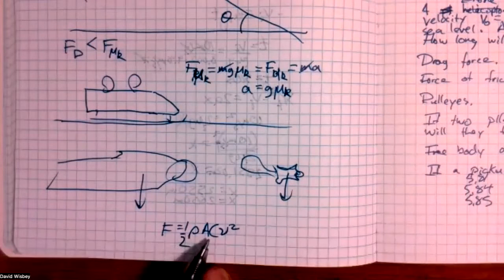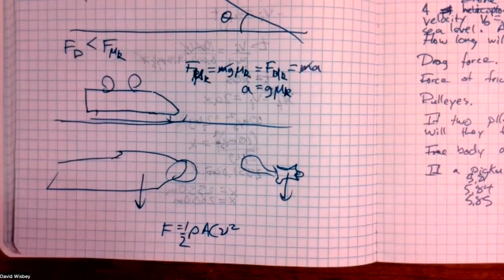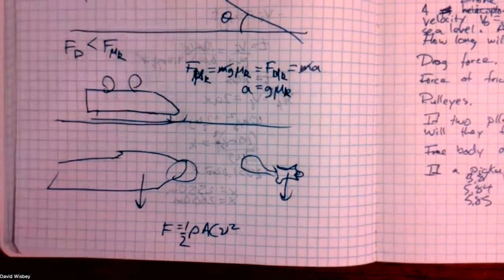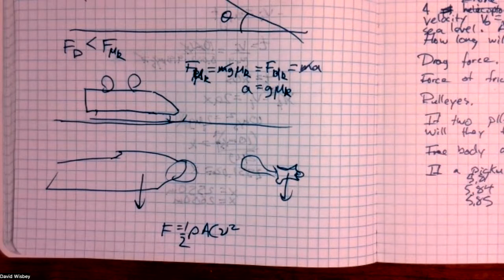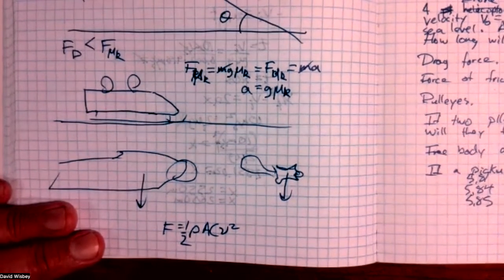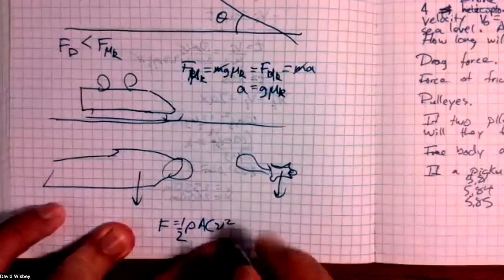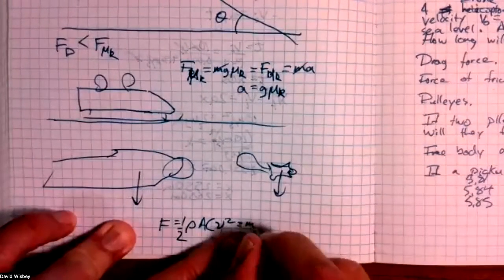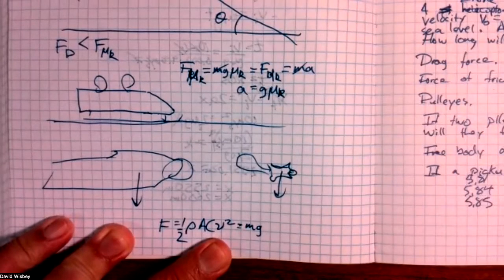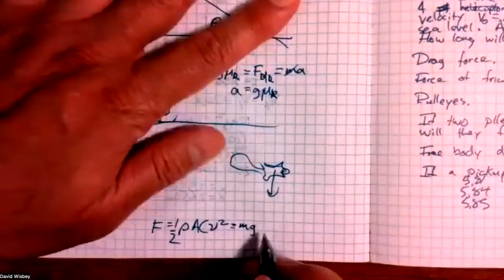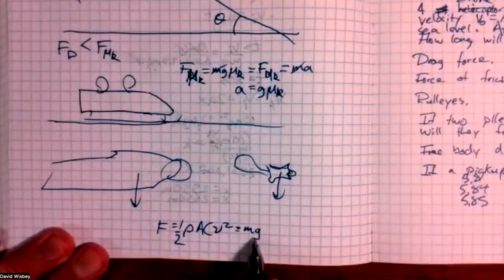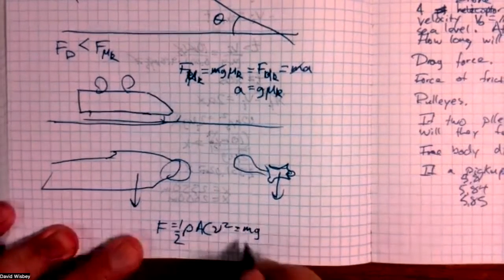Okay. Now, how do we find their terminal velocity? All right. So what we do is we set this equal to m times g, and then we solve for v, because here's our force due to gravity.